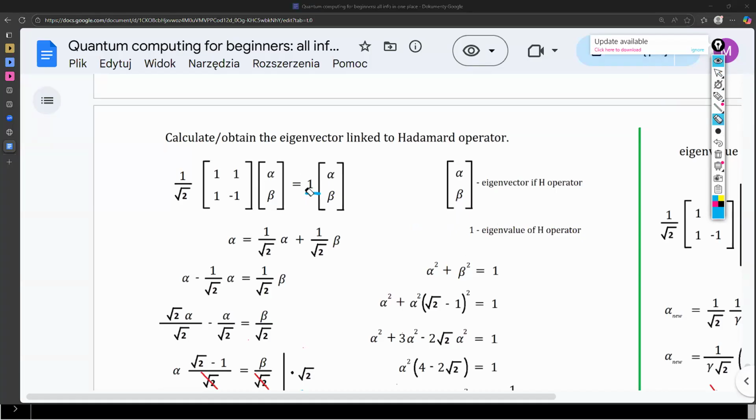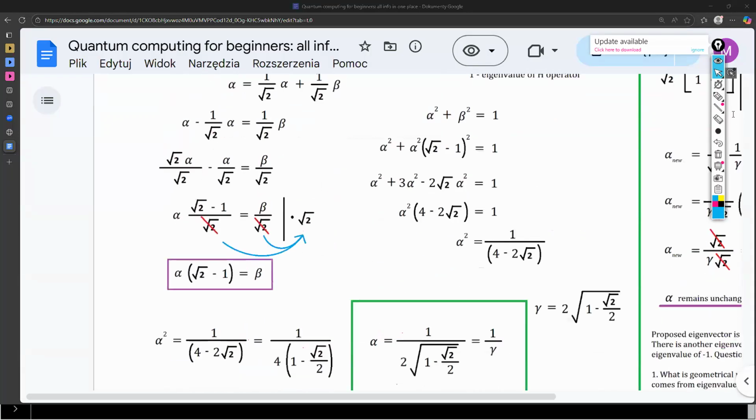We then follow our equation, and we get this ratio, which is alpha multiplied by square root of 2 minus 1 equals beta. Alpha and beta are our vector components. However, we also know a second equation, which is alpha squared plus beta squared equals 1. And this is what gets us the actual value.